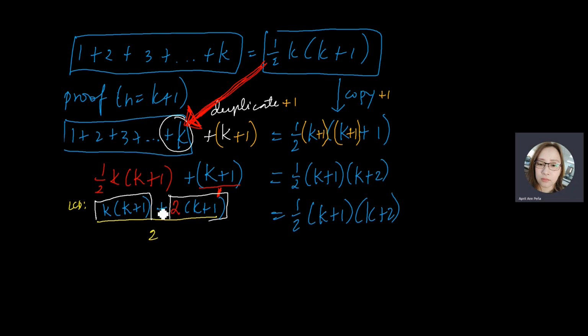What is common in the said two terms is k plus 1. So you just copy the k plus 1 like that, and then you copy what's remaining.